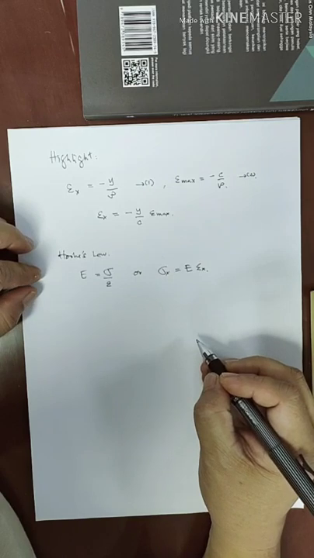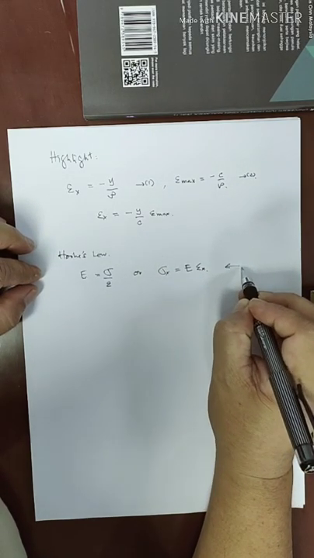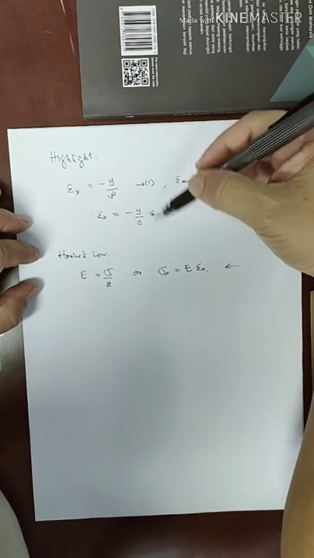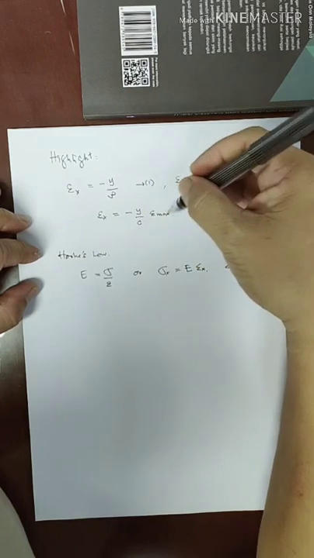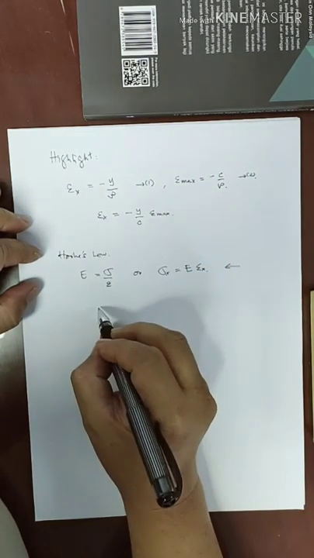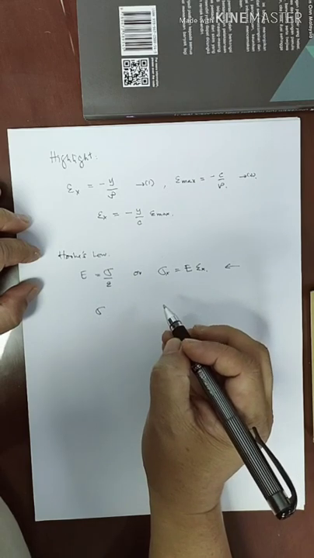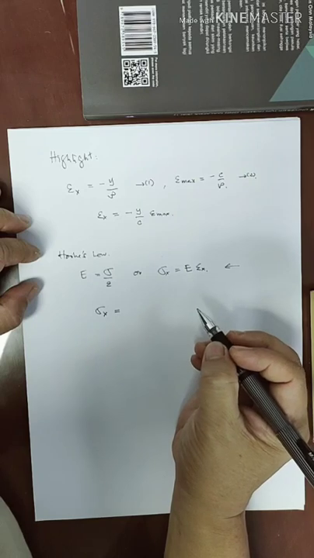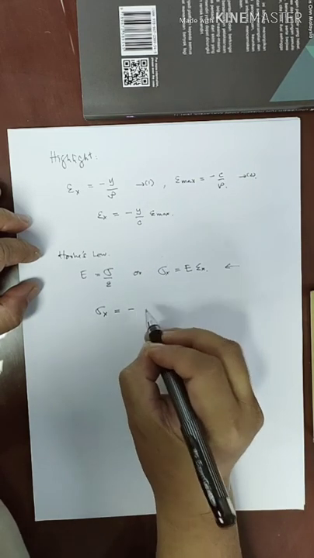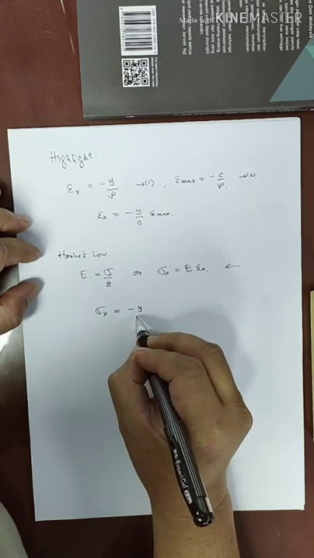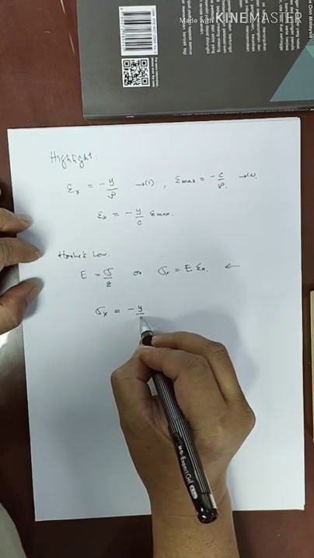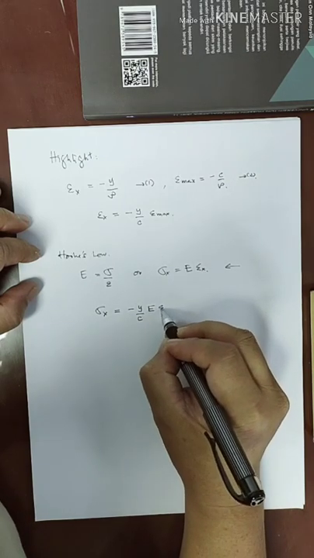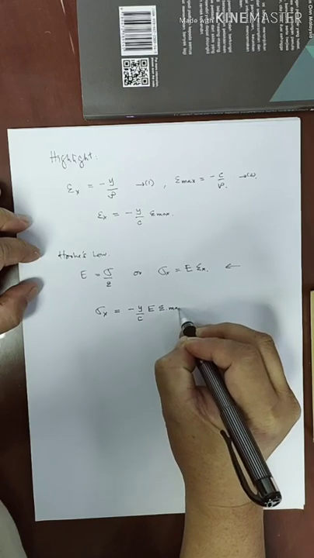So what if this Hooke's law is put together with the strain due to bending? We will have sigma x is equivalent to negative y over c, E, strain max.